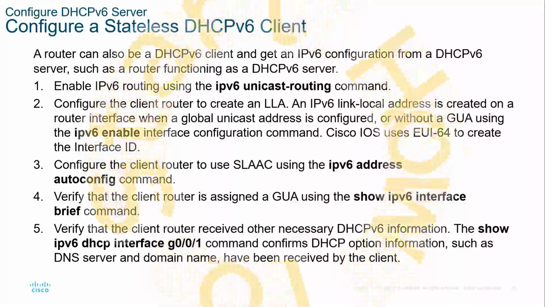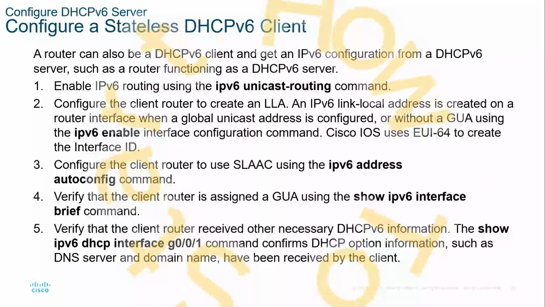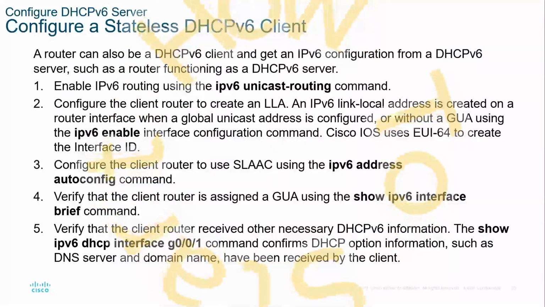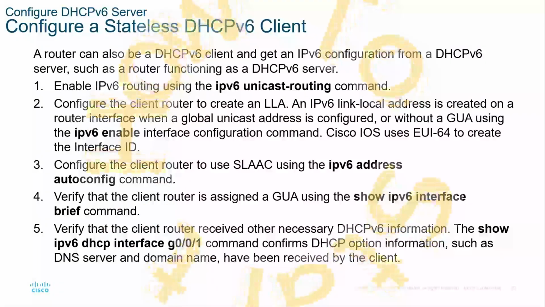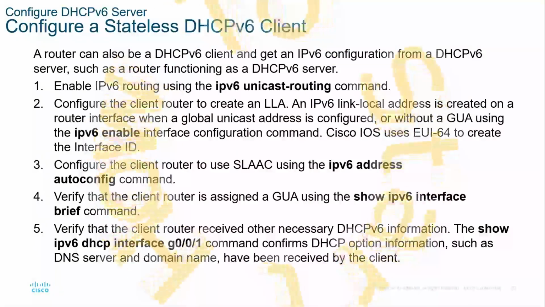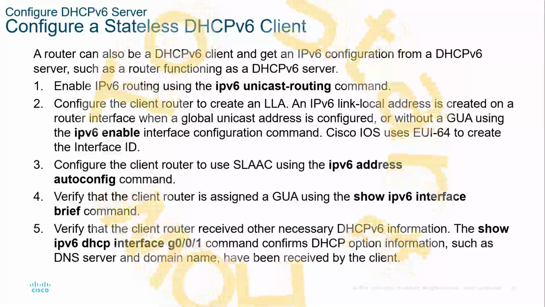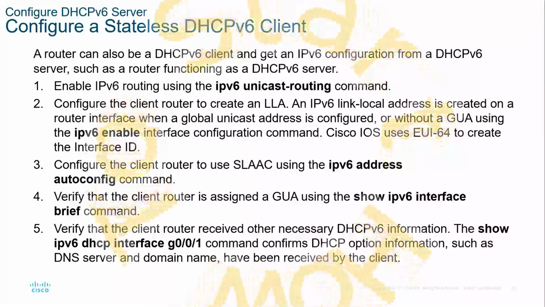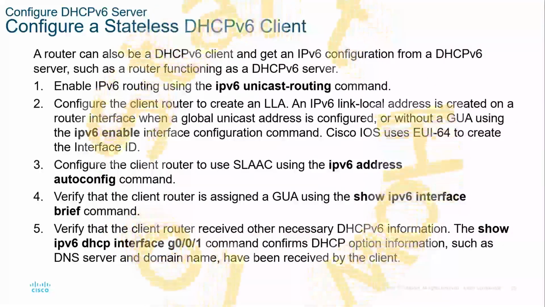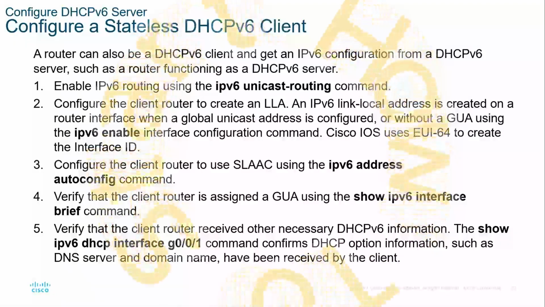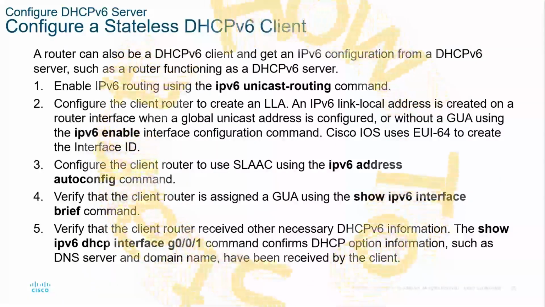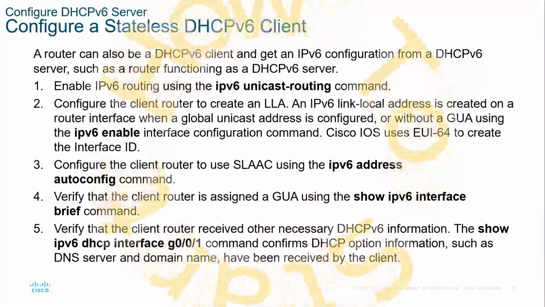Or you can verify that the client router is receiving other necessary DHCP information with a show ipv6 dhcp interface and that interface. That will confirm DHCP option information such as the DNS server and domain name that has been received by the client. So again, that's stateless.